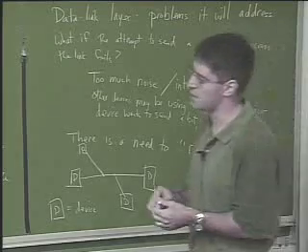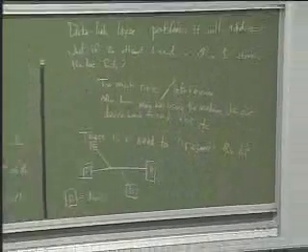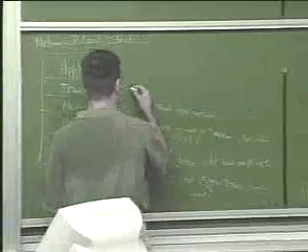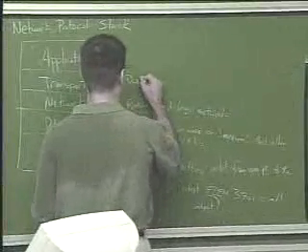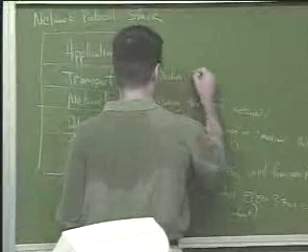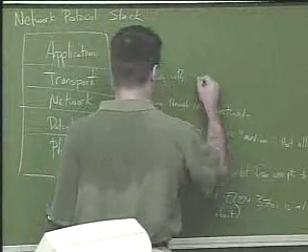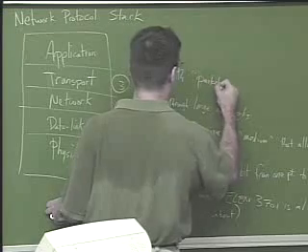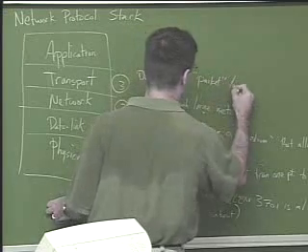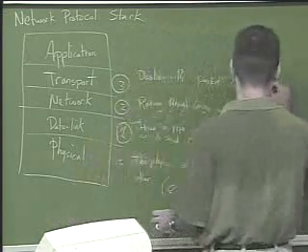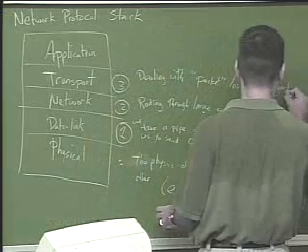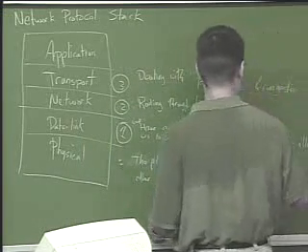And then the last layer we're going to be dealing with in this class is the transport layer, which is dealing with what is called packet loss and network congestion.